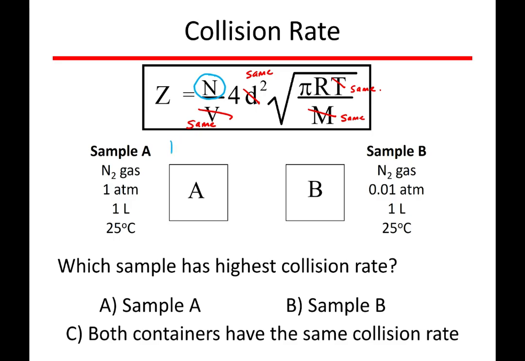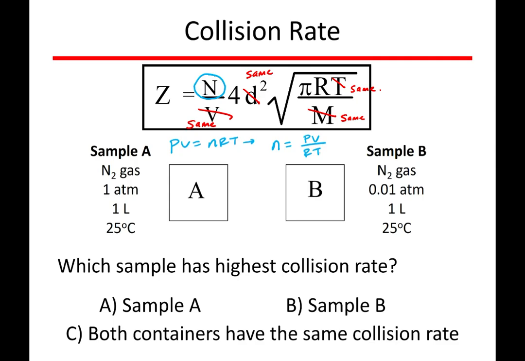All right, from PV equals nRT, what we see is that the number of moles is equal to PV over RT. Now, between these samples, we recognize that the volume is the same, the temperature is the same, and so since the pressures differ, the number of moles has to differ, right? So that's how we're able to see that there is going to be a difference in the value of n.